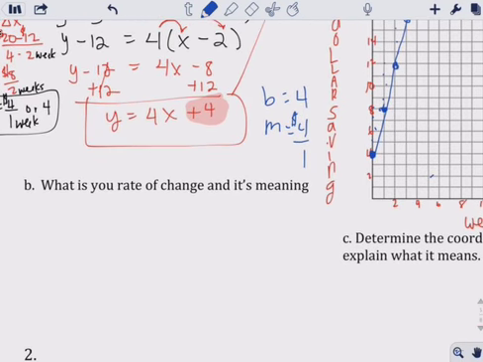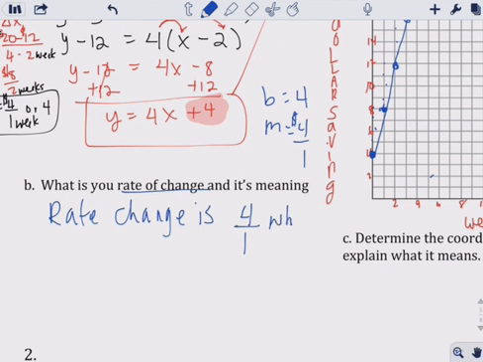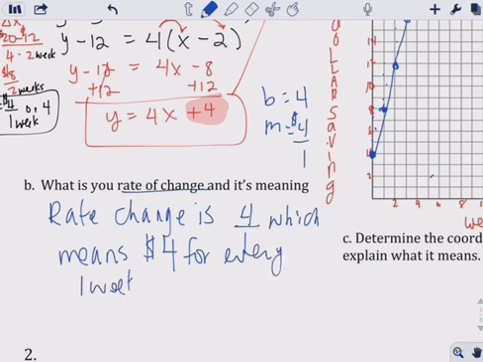What is your rate of change? So the rate of change is 4 over 1, which means $4 for every 1 week.